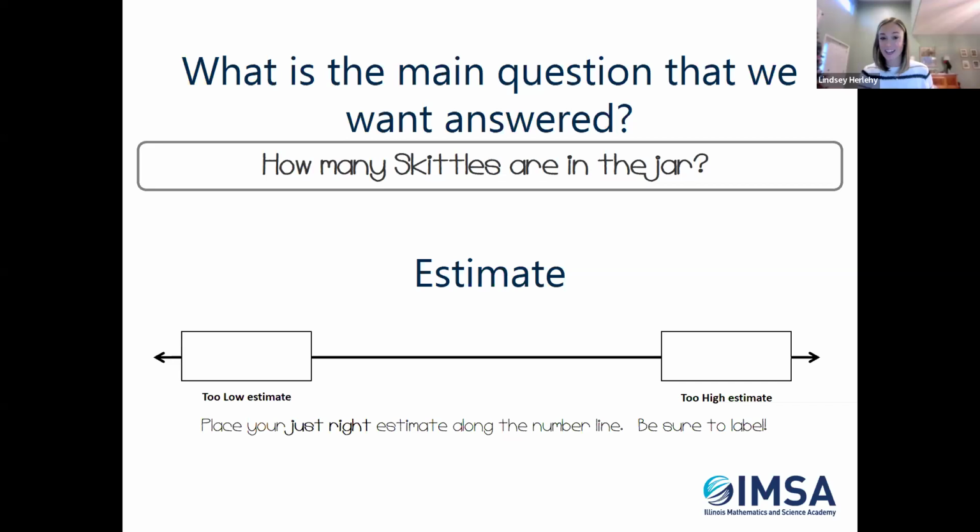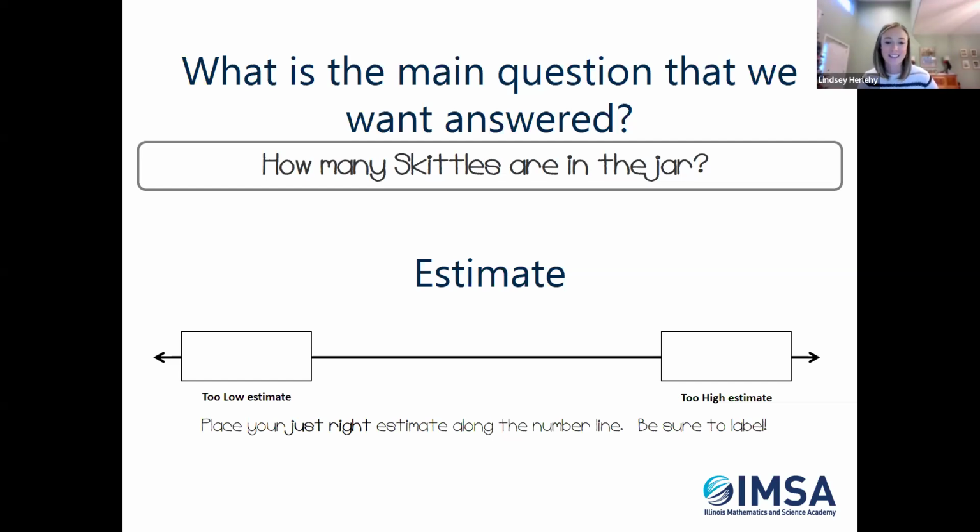Five to 500. Okay, good. That's some safe estimating, right? We know there's definitely more than 5, but probably not 500. So maybe just right 40, 456 Skittles. Okay. Leslie, I'm interested to see what your too low and too high were. Low is 20, high is 10,000, so 221. Okay, good.